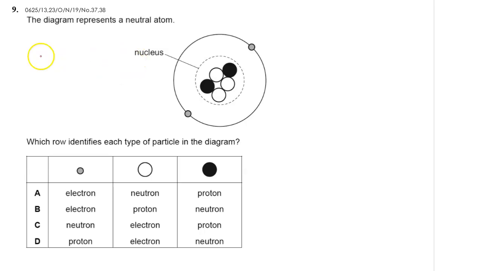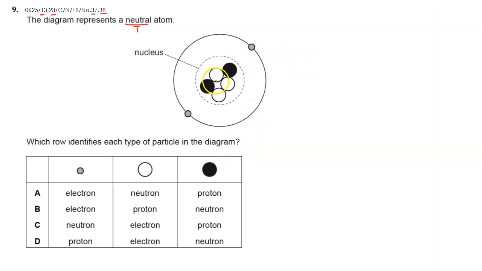Question number 9 was set from 2 variants, 1, 3 and 2, 3, and in 1, 3 it was question number 37, and in 2, 3 it was question number 38. So the diagram represents a neutral atom, equal protons to equal electrons. Which row identifies each type of particle in the diagram?